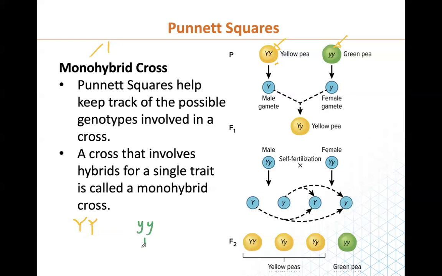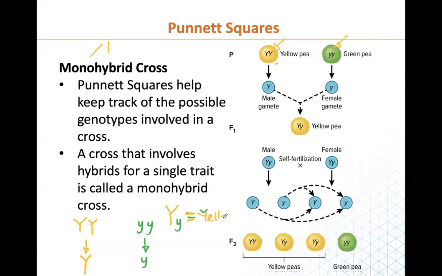So we take a gamete from this, and we take a gamete from this. So these two gametes fuse together, they give you a heterozygous F1 generation. Because this is dominant and this is recessive, it's going to give you a yellow pea.